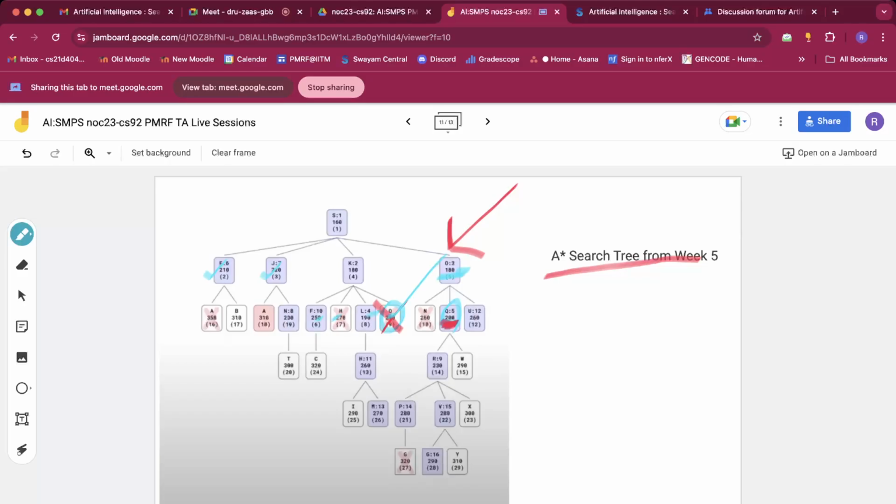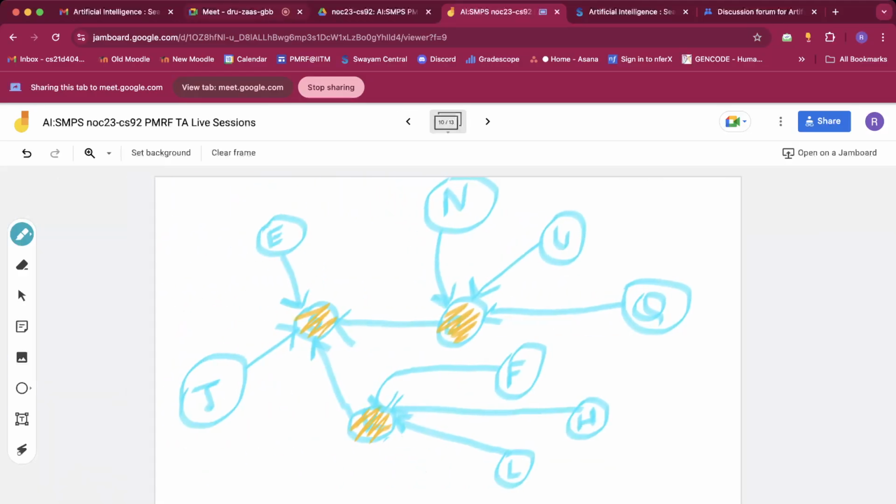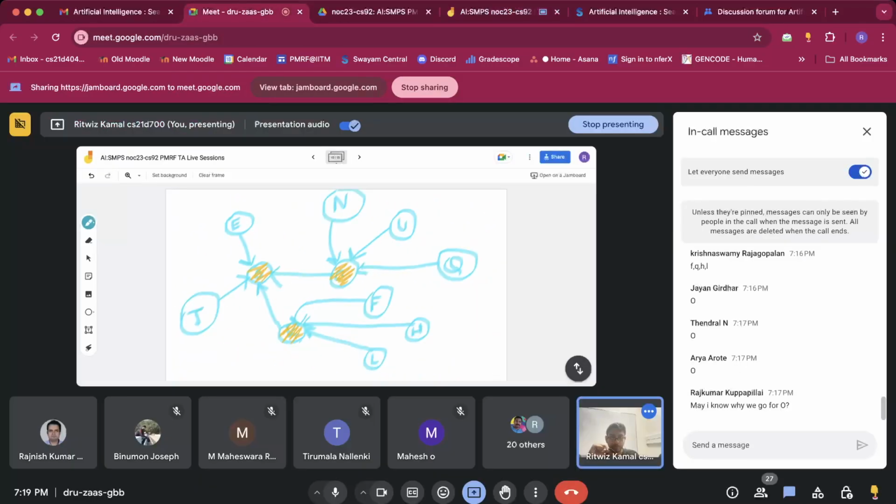Okay, that's why we went for O next. Okay, any doubts until this point? Okay, if not, then that's great.